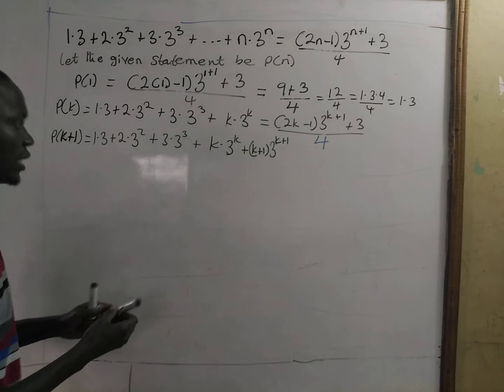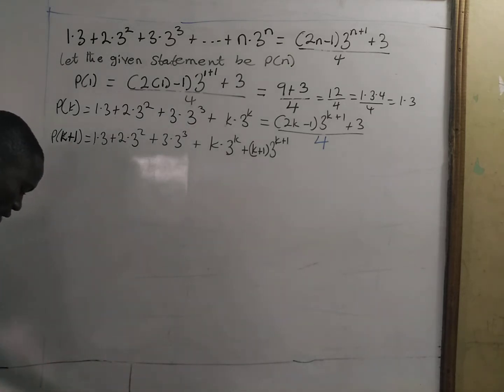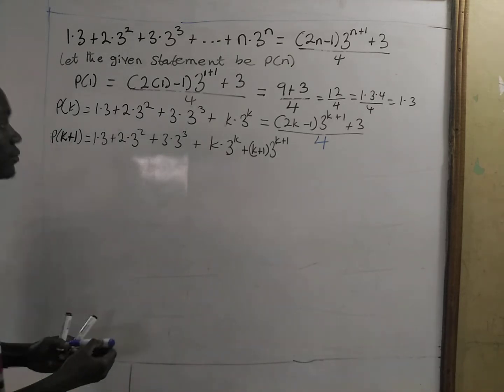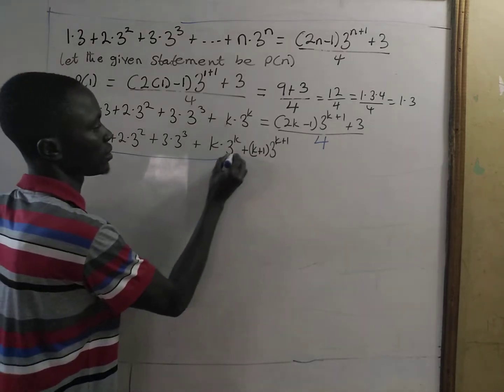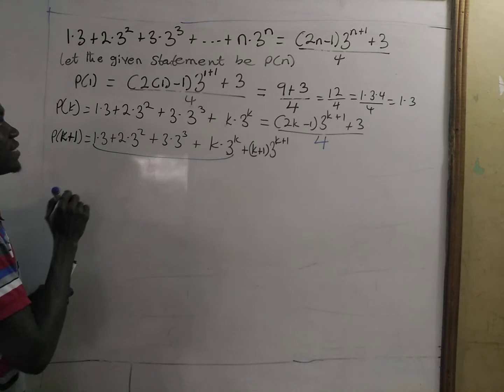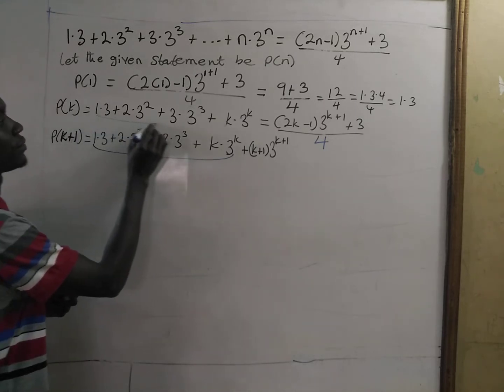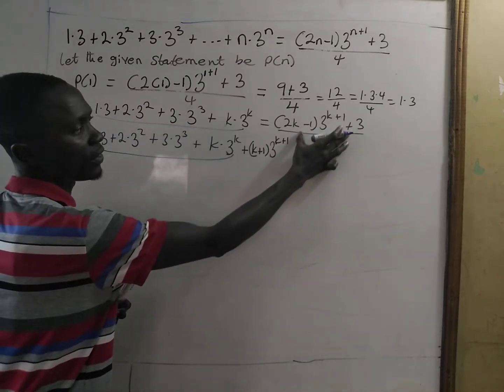Now let's look at something here. You see that if we do that summation, this part represents Pk, which is equal to this.